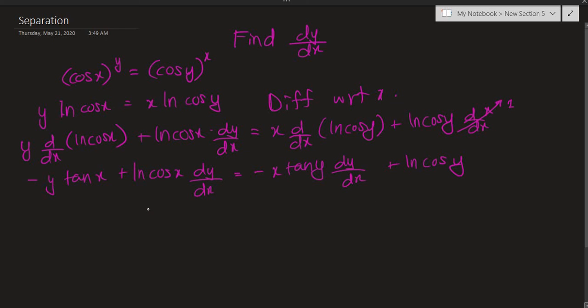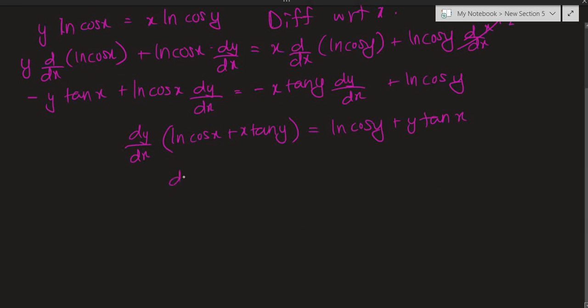We can collect the dy over dx terms. You have natural log of cosine of x plus x times the tangent of y being equal to natural log of cosine of y plus y times the tangent of x.